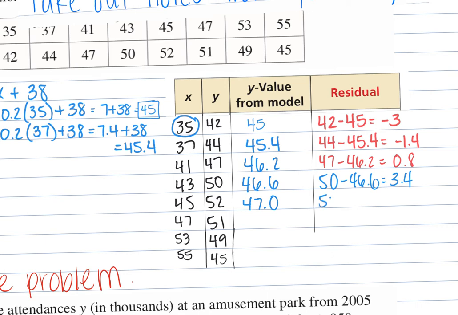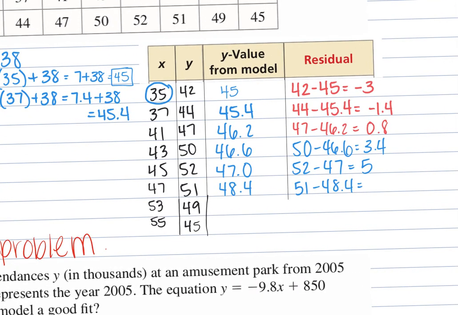Then it was 52 minus 47, which would have given us, what, 5? Okay. And then when x is 47, the y value from the model should have been 48.4. Is that right, guys? And then it would have been 51 minus 48.4, which would have given us, what?